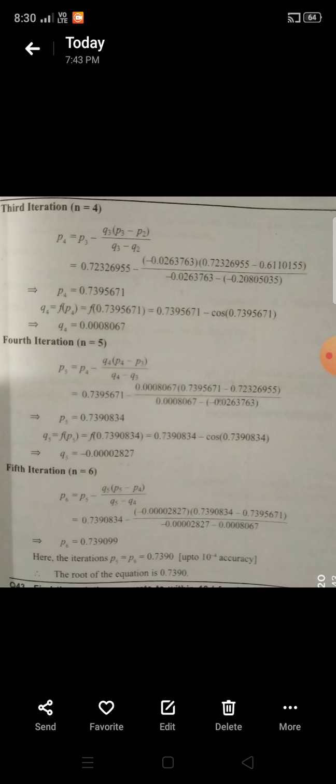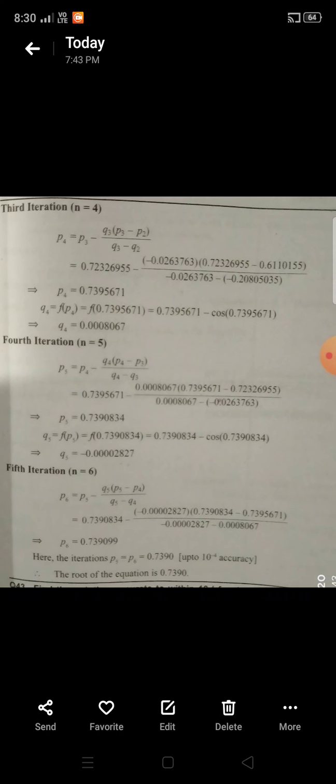After simplify, we get the value P5 is equal to 0.7390834.